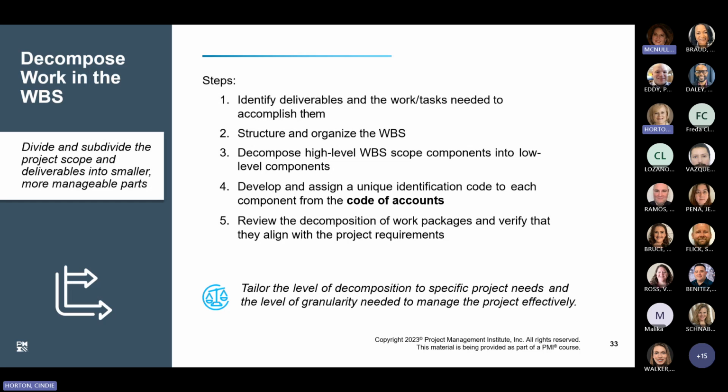The steps involved in decomposition include: identifying the deliverables and the work tasks that are necessary to accomplish the deliverable, structuring and organizing the WBS, decomposing high-level WBS scope components into low-level components, developing and assigning a unique identification code to each component from the code of accounts, and then reviewing the decomposition of work packages and verifying that they align with the project requirements.